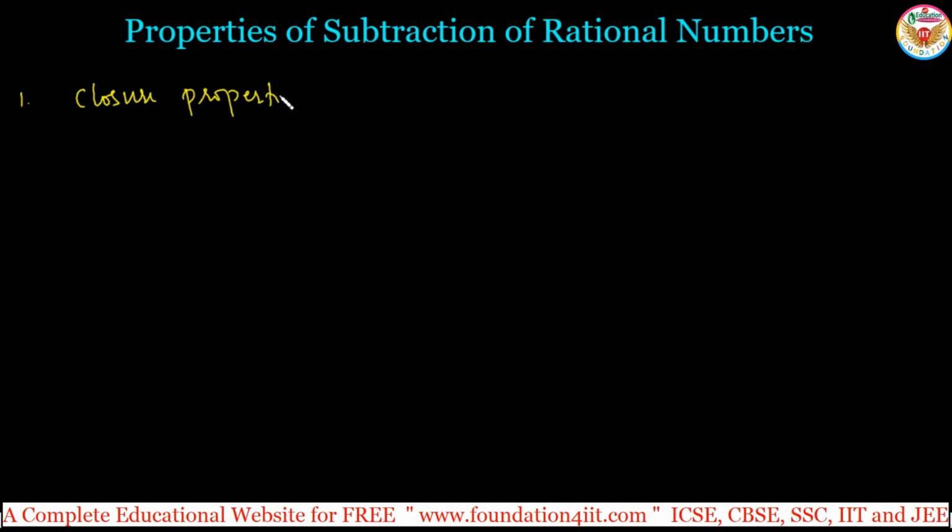When you see this closure property, as we know, the subtraction of any two rational numbers must be a rational number, if it exists. For example, 3 by 5 is a rational number and 5 by 10 is a rational number. By subtracting both, 3 by 5 minus 5 by 10 must also be a rational number. Let us check this.